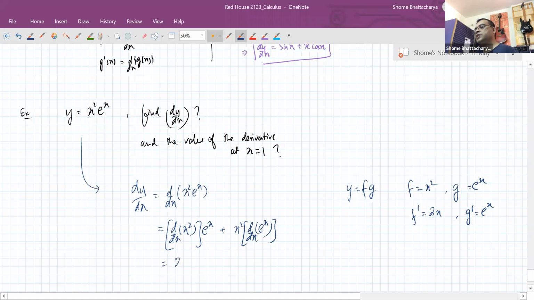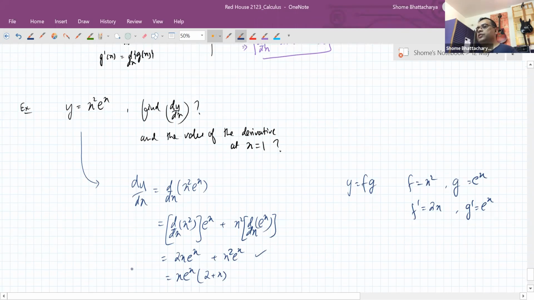So differentiation of x square is 2x and differentiation of e raised power x is also e raised power x. So then we can write it in whatever form we want, like this or whatever, but even this step is correct. So this is the derivative of the function.